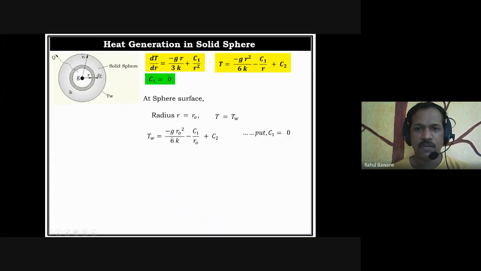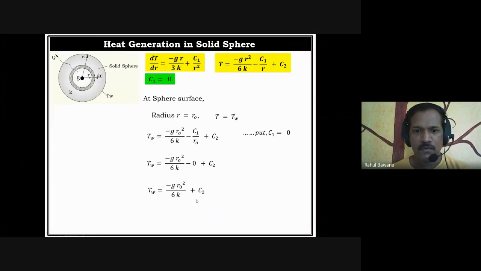So T wall equals minus g RO square upon 6k minus C1 upon RO plus C2. And we know that C1 is 0, so we put the value of C1 here, and that middle term becomes 0. So finally we get T wall equals minus g RO square upon 6k plus C2.